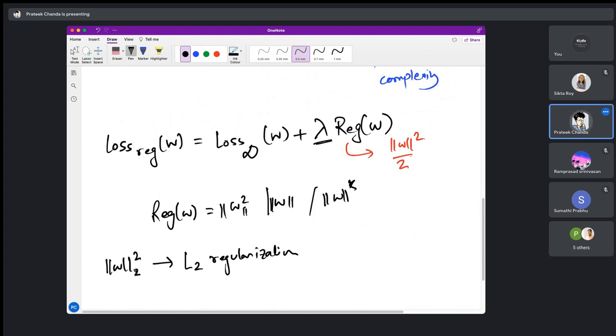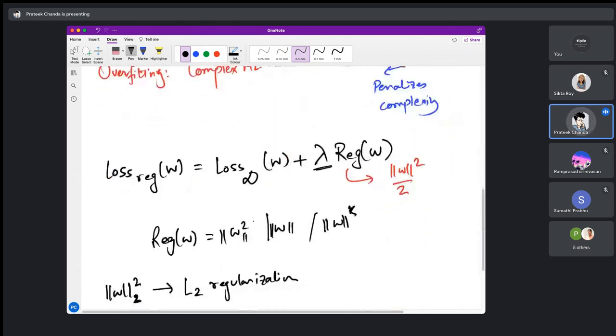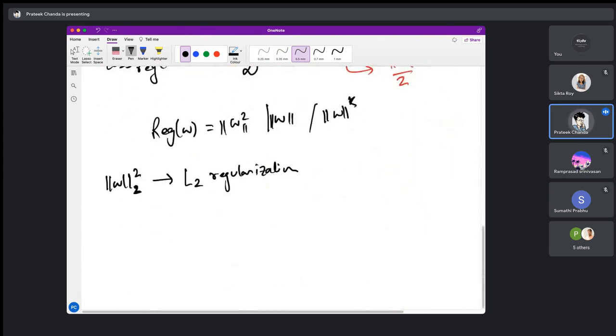By default, I'm not writing the two in the subscript position, and in the previous notations also we didn't use the subscript notation when writing a norm, but from now on we would write that subscript notation. By default, if you find anything like this, it's basically an L2 norm.